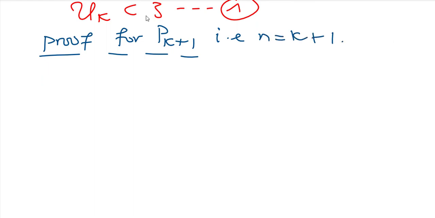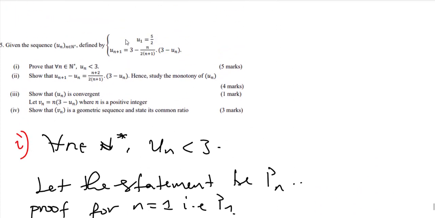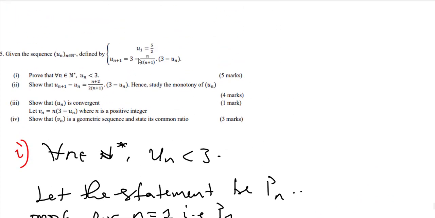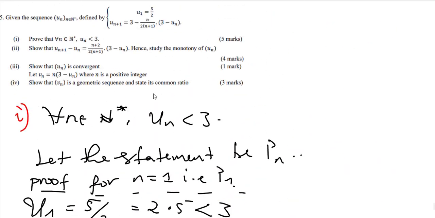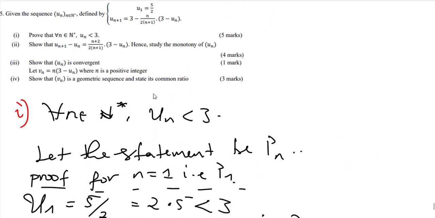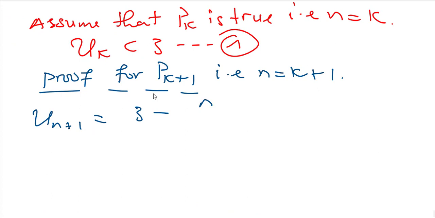You may recall the sequence was defined recurrently by un+1 is equal to 3 minus n divided by 2(n+1), all of that times 3 minus un.